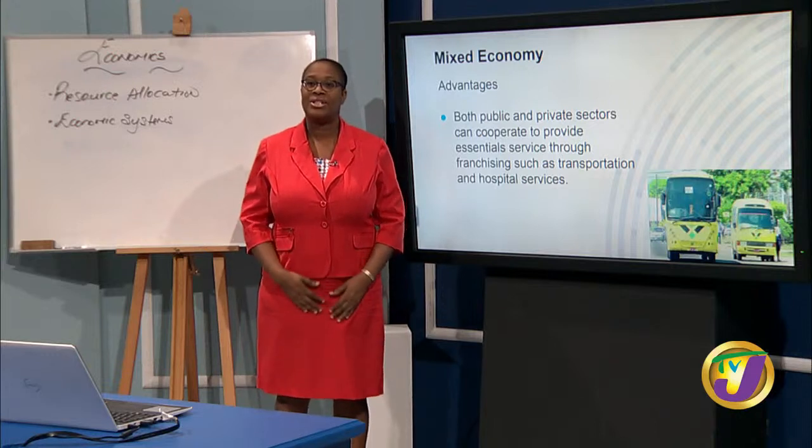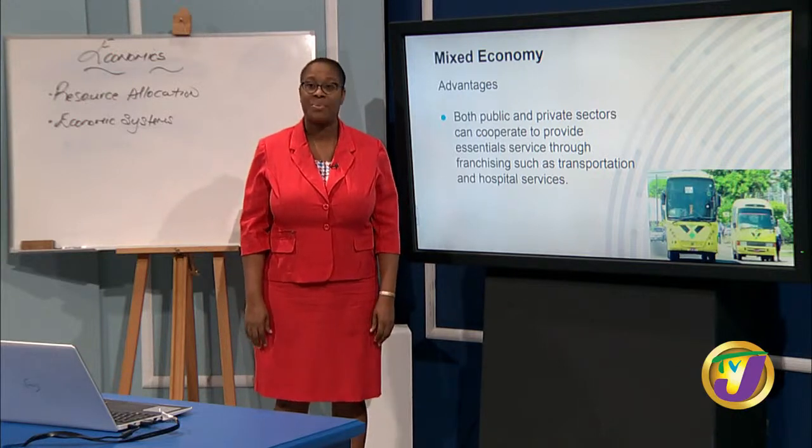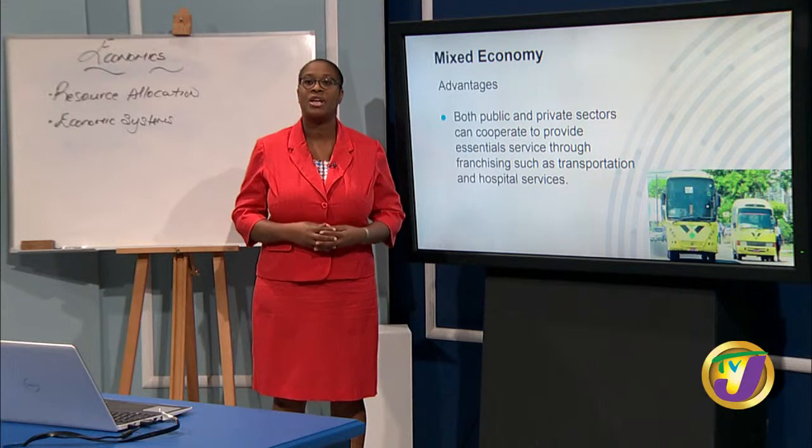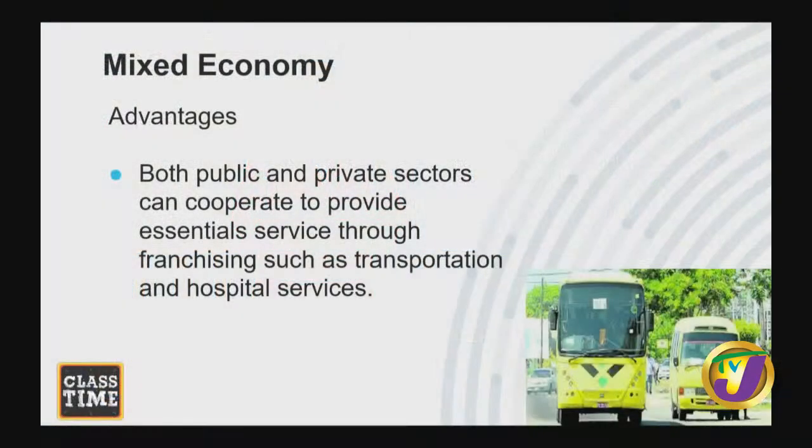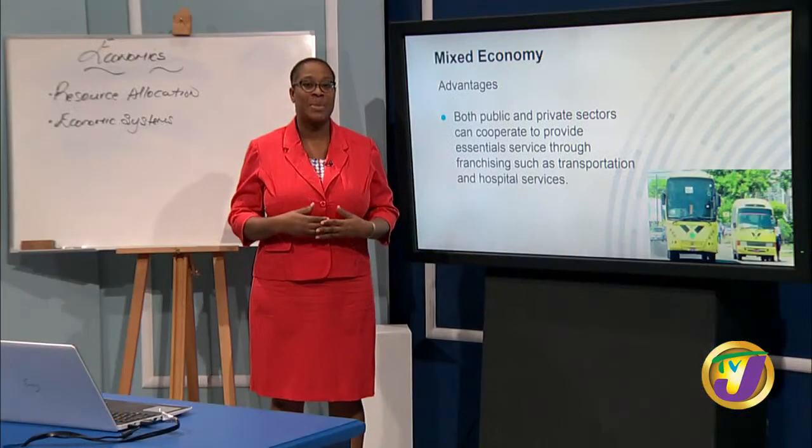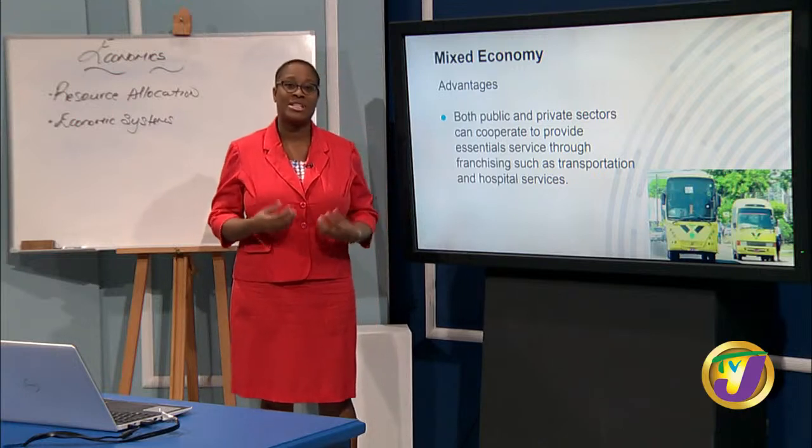Another advantage is that both public and private sectors can cooperate to provide essential services through franchising, such as transportation and hospital services. As I mentioned before, JUTC is there as a government-owned entity for transportation, but they cannot provide enough buses to cover all the routes in Jamaica and go everywhere. So they franchise.